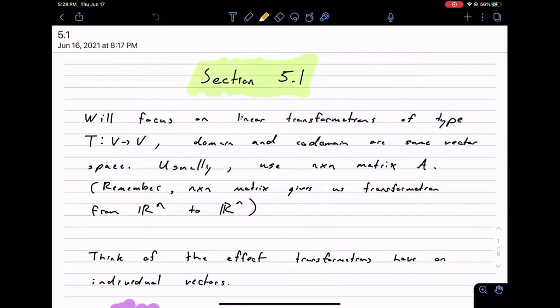For this chapter, we're going to be focused on linear transformations from one vector space to itself. So linear transformations of this form, for a T from V to V. And remember, don't be scared by this terminology of linear transformation. It's the same thing as a matrix in finite dimensions.